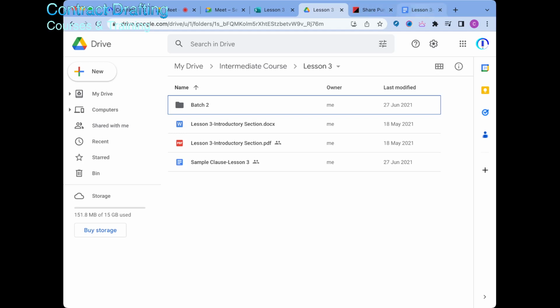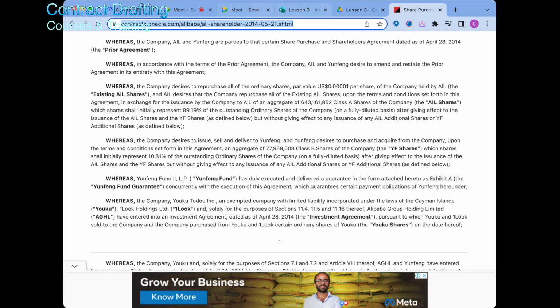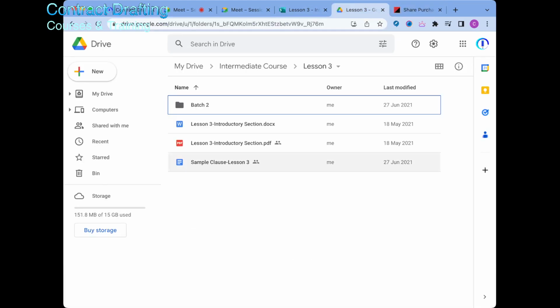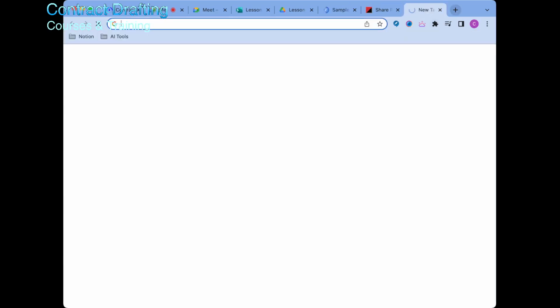So that was the idea behind it. But when the actual writing started, it was captured as a distinct clause in the introductory part of the contract. So after the parties were identified, then they used to write what is the recital, what is the background of this transaction. So that's how it started.